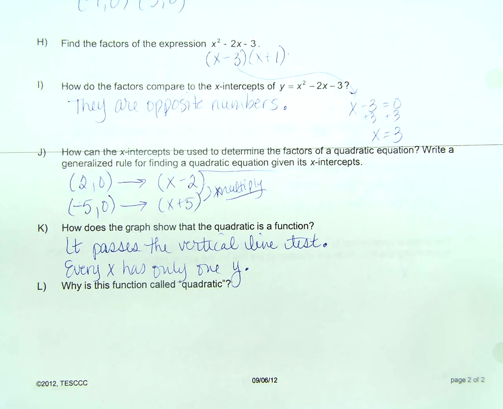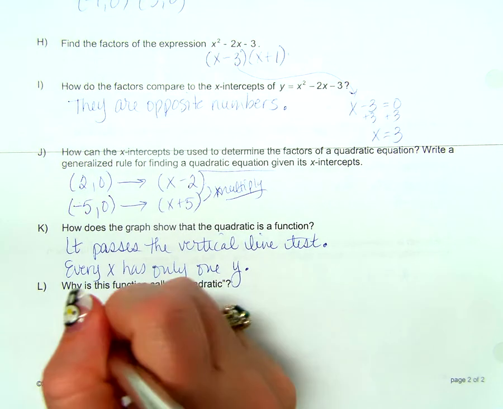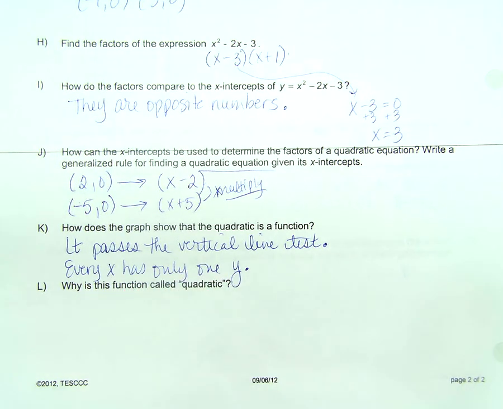So why is this function called quadratic? Because Mrs. Kingston said is not a good answer. So maybe something to do with the parent function? Okay, but what makes it quadratic?